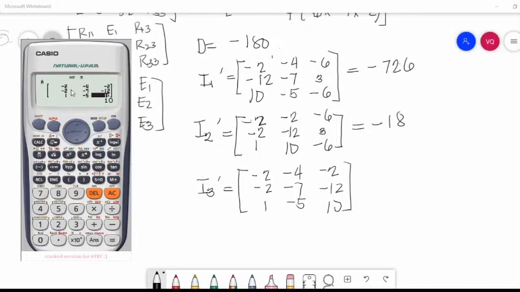So after mo na input, click AC, shift 4, 7, shift 4, 3. So that is equal to positive 194.